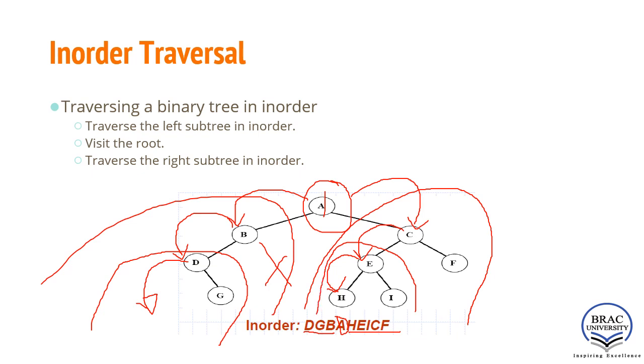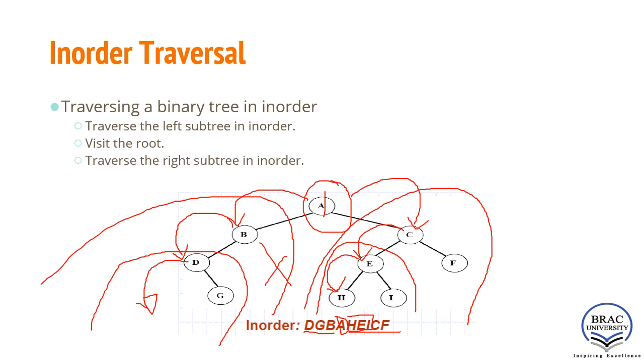If we visit this subtree as an in-order traversal, that is left, root, right, the order will be H, E, I. So this part is H, E, I, and this left subtree is done.